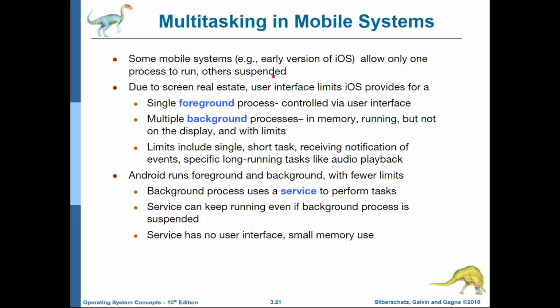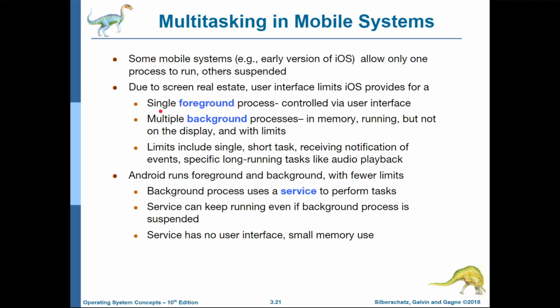Everything was suspended. This has changed recently in iOS and is not the case for Android. The latest iOS and Android platforms are allowed to run processes in the background.